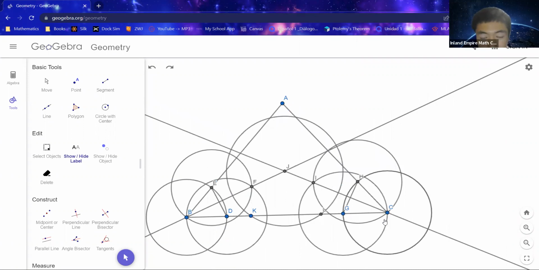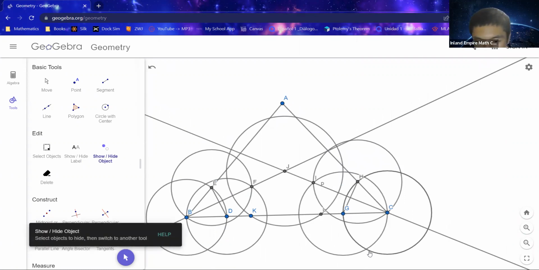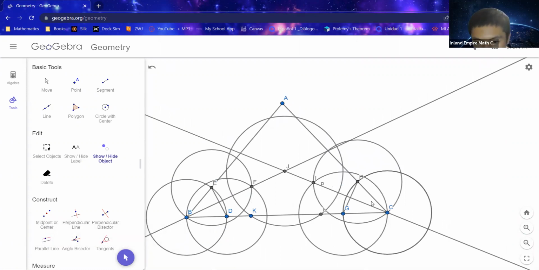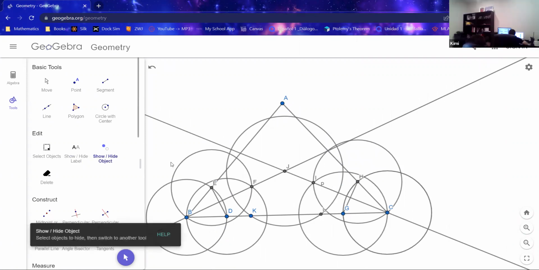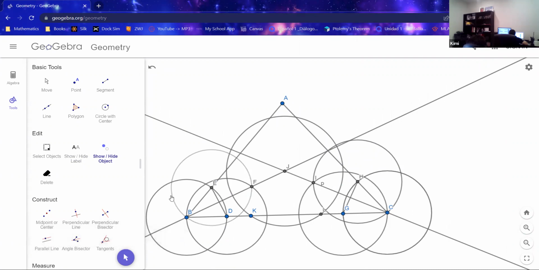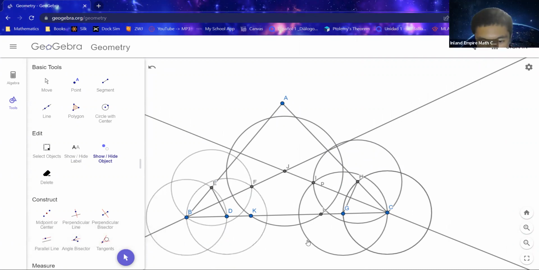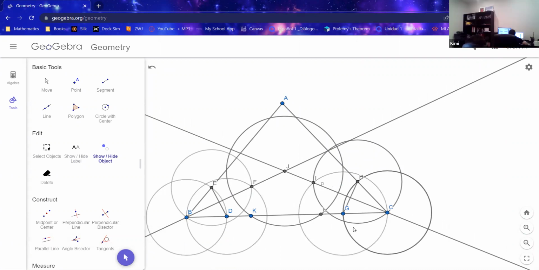Okay, let me backtrack a bit so I know which ones to hide. Okay, so we're hiding this one. Oh, here it is. Oh, it actually looks way better now.